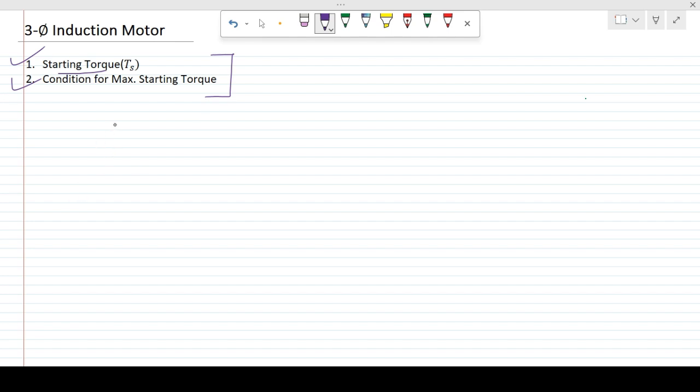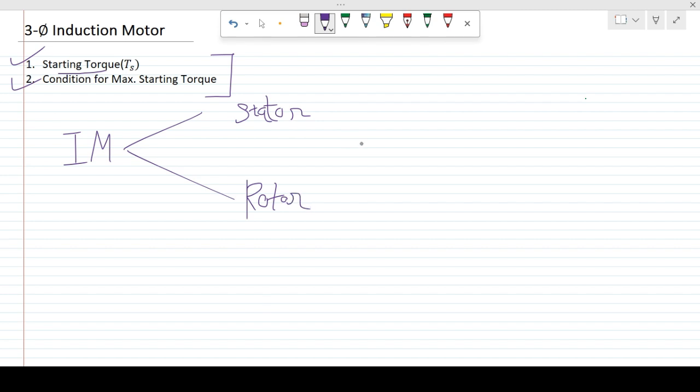We know the induction motor has two parts: the stator, which is the stationary part, and the rotor, which is the rotating part.